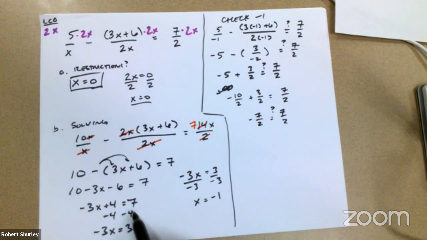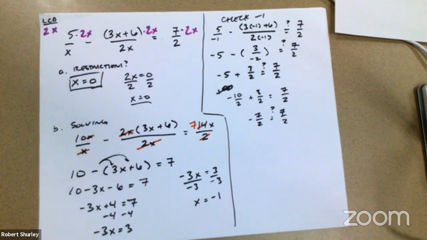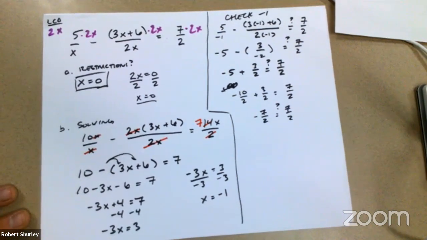Minus 4 would be 3. Oh, man. Huh. That is interesting. It doesn't check out at all. Negative, that's minus. Made it a positive.